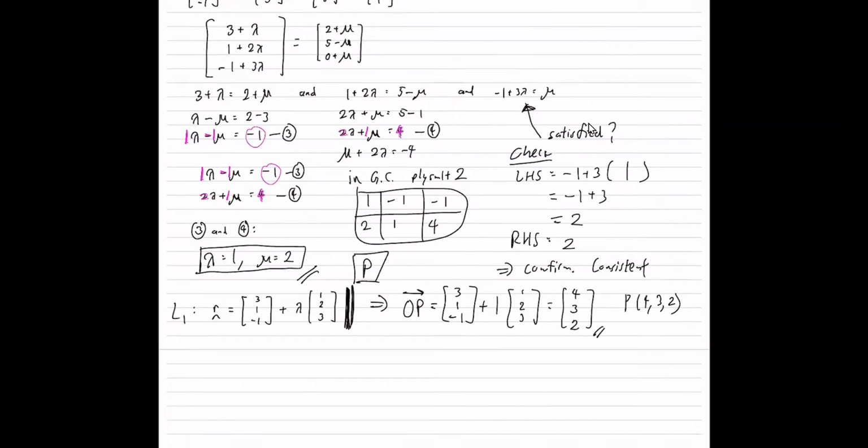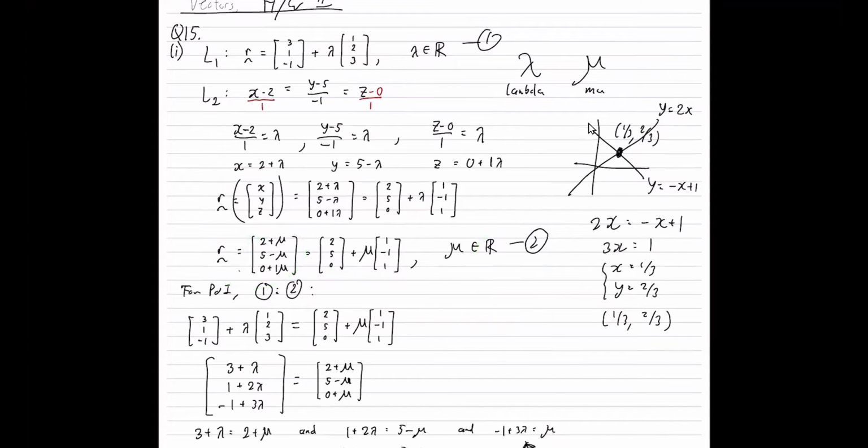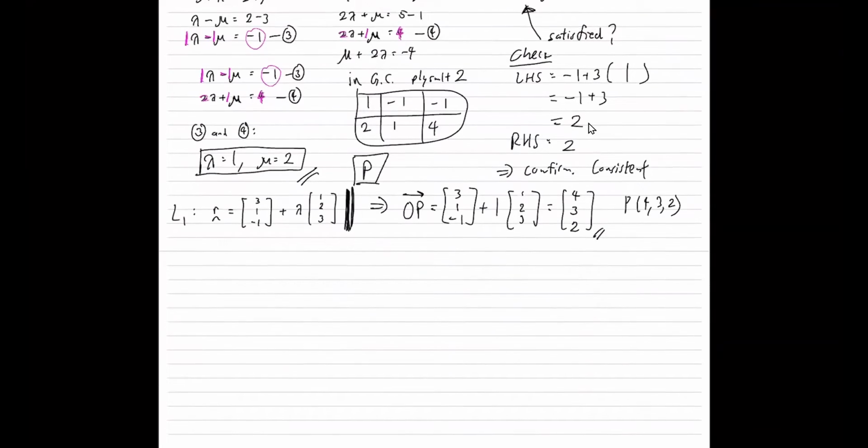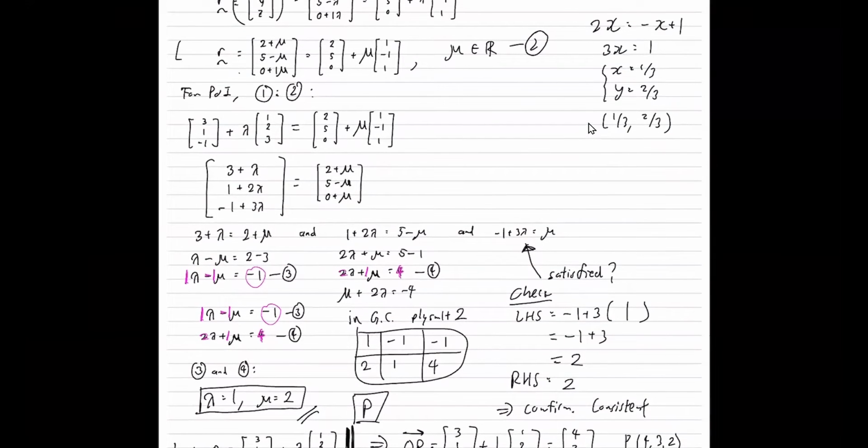Let's verify with L2 as well. L2 in this case is just this equation here, equation 2. I'm just going to bring it down. Cut and scroll down and paste. This was my L2. Okay, sorry, let me scroll back up. I'll label here as L2.